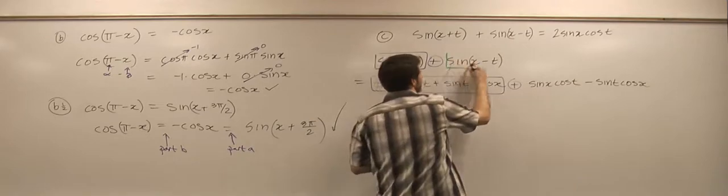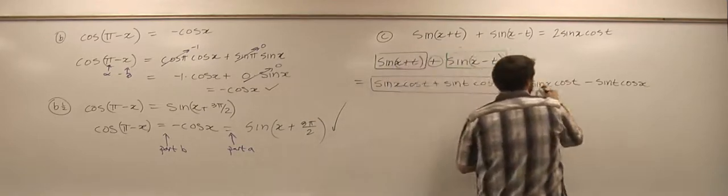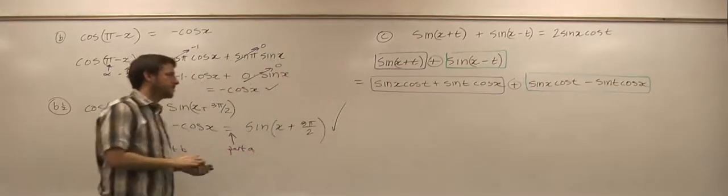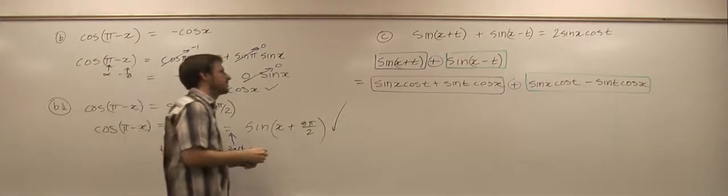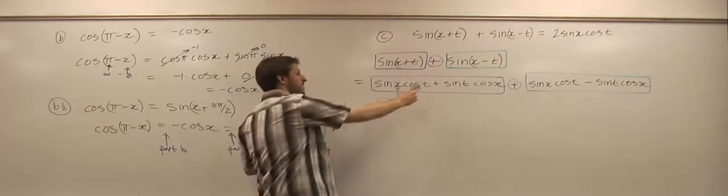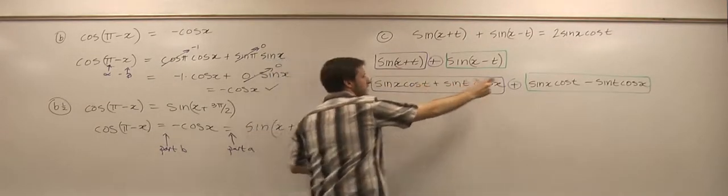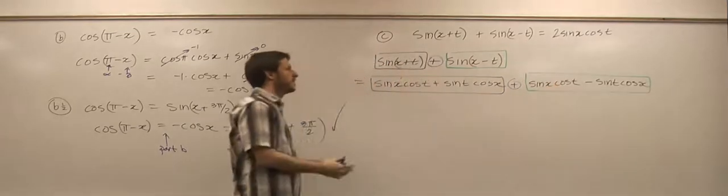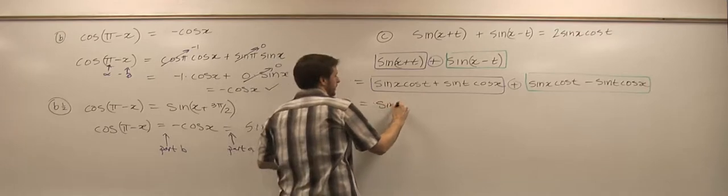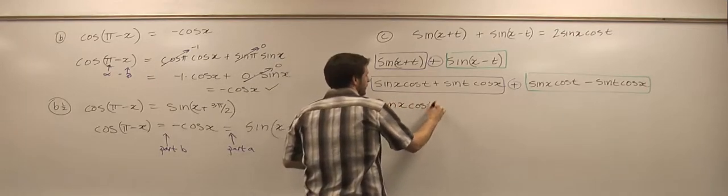So that's the formula when you expand sine of x minus t. I just circled them to show you where they came from. This one came from the formula for sine(x plus t). This one came from the formula for sine(x minus t). Now let me write it without those annoying circles.